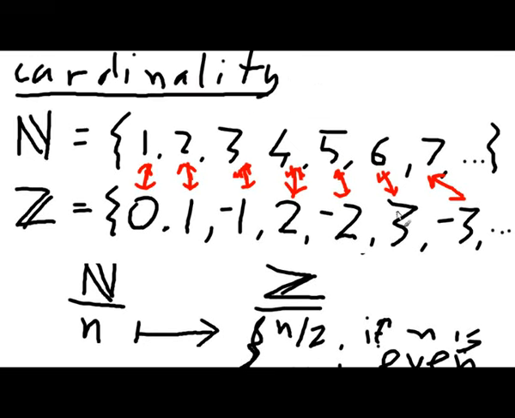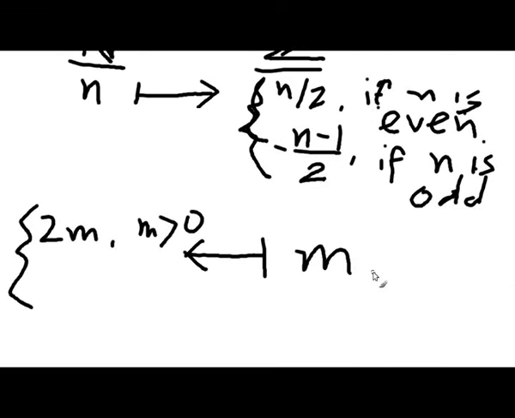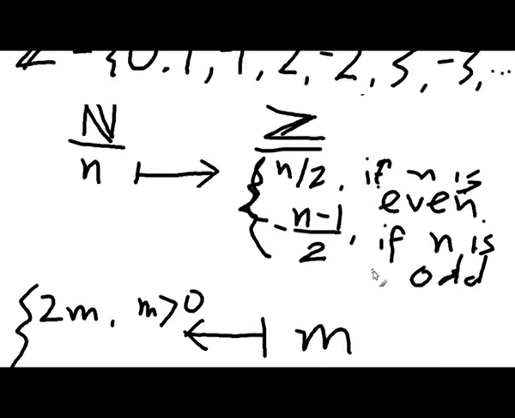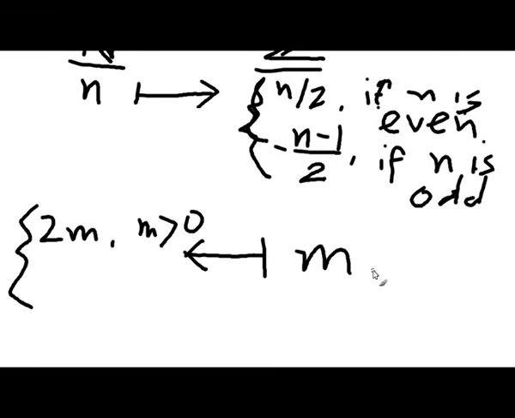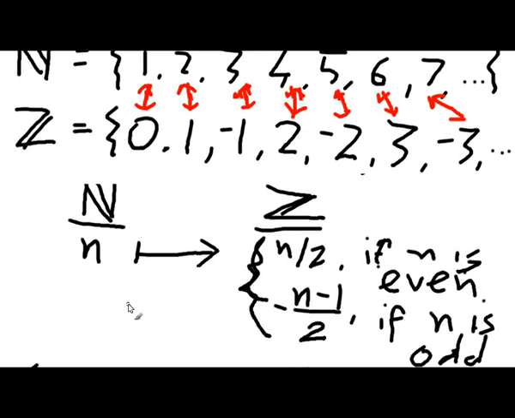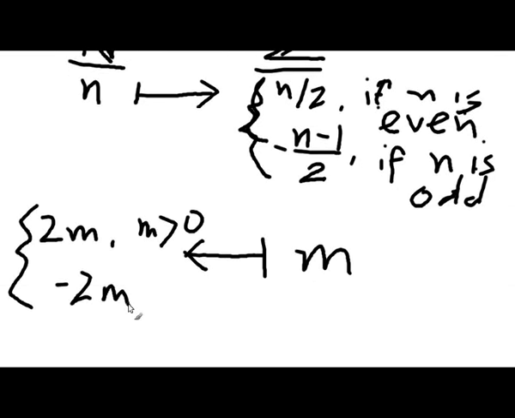But if m is less than or equal to 0, say for example here -2 pairs up with 5, 1 pairs up with 3, and so on. So what should that relationship be? Well, if you think over it once again a little, then the relationship is negative of twice m, plus 1.